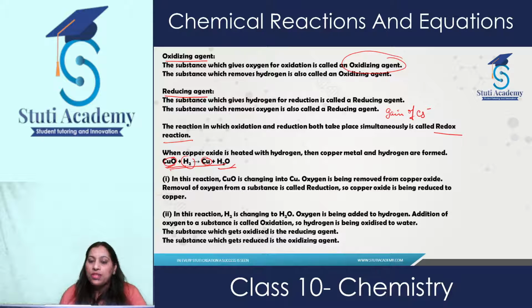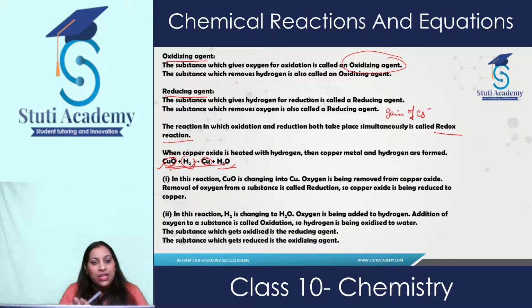So here oxygen is being added to hydrogen, which means an oxidation reaction takes place. And when we are adding oxygen, this hydrogen acts like an oxidizing agent. So this is the reducing agent and this is the oxidizing agent.